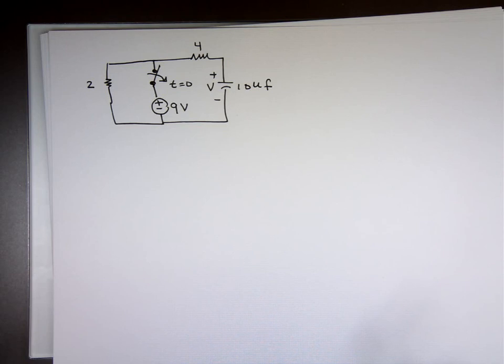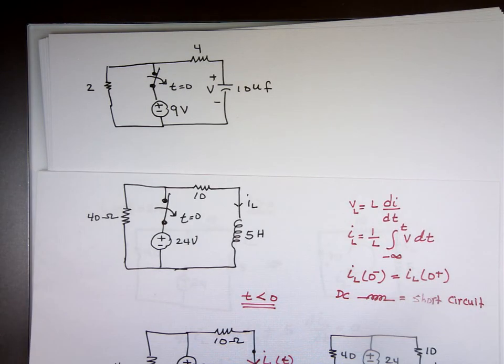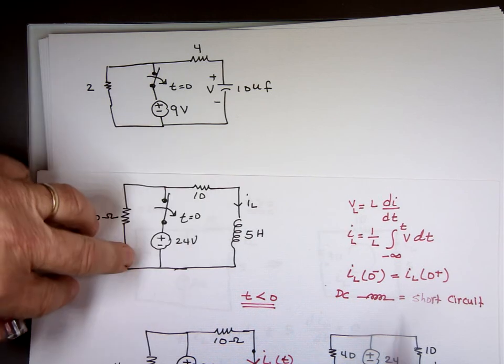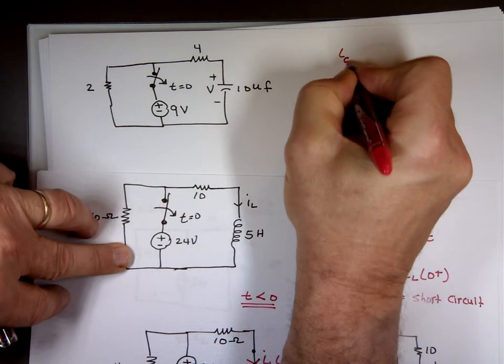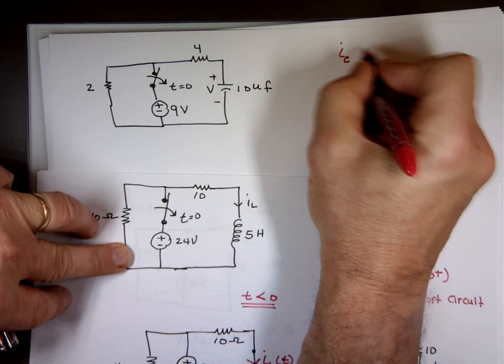Let's refresh your memory with capacitors. Again, this is what we did with the inductors. Capacitors. i sub C equals what? C dv/dt.